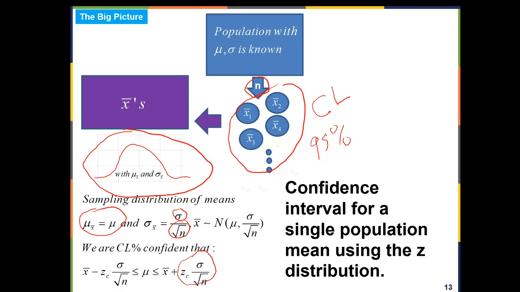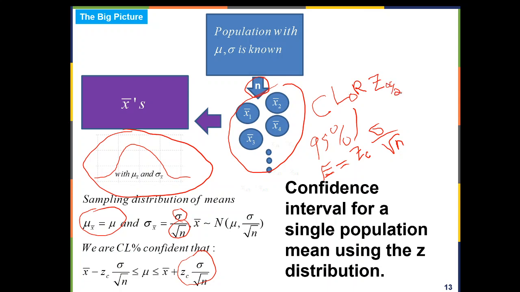Now, error here is what? Well, the error is nothing but a certain number of standard deviations. We know standard deviation is that for X bars. Certain number of standard deviations. We're going to call that Z sub C, or we can call it Z sub alpha over 2.